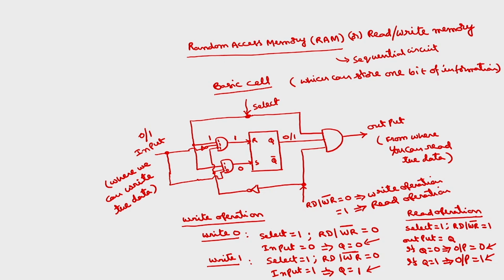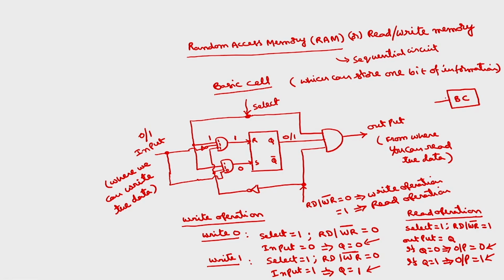Now what are the various signals available for the basic cell? So this is a basic cell which we can use to construct the larger memories. Now I will take the block diagram of this. Instead of drawing this circuit every time, I will call this one as basic cell BC. So what are the different signals here?